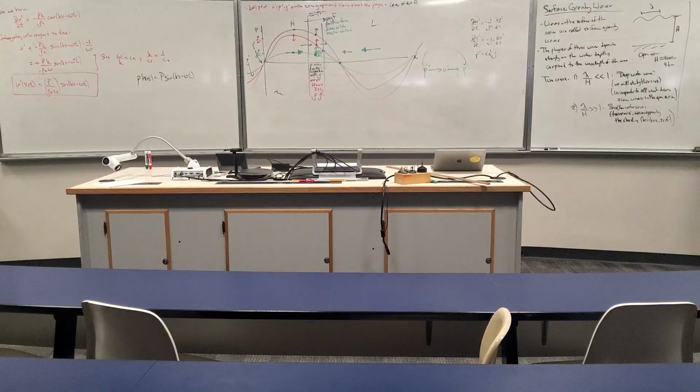But it turns out to be kind of similar to sound waves. And so we're going to focus on the case that's a bit more interesting for us, which is deep water waves, which is also just a more generic case of wind-driven waves.